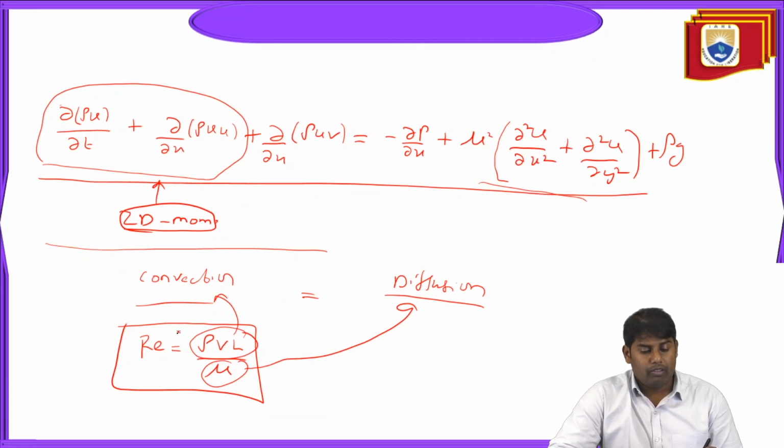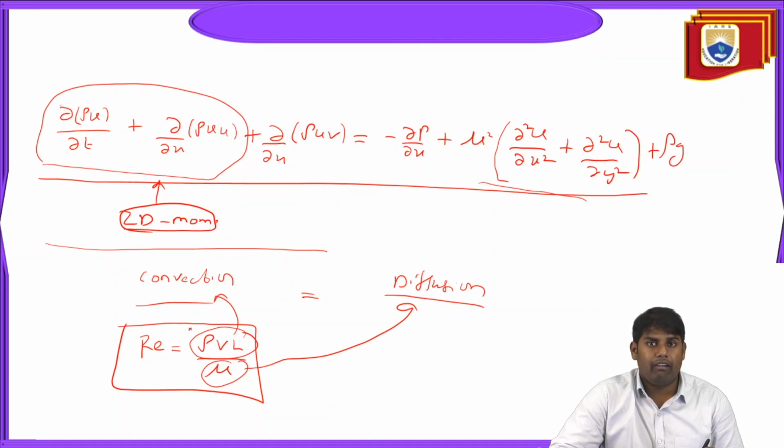So whatever elliptic, parabolic and hyperbolic equations we have learned, we apply that concept to the momentum equation, the continuity equation and the energy equation. That is why we studied the mathematics of classification of partial differential equations, and saw in detail the elliptic, parabolic and hyperbolic equations.